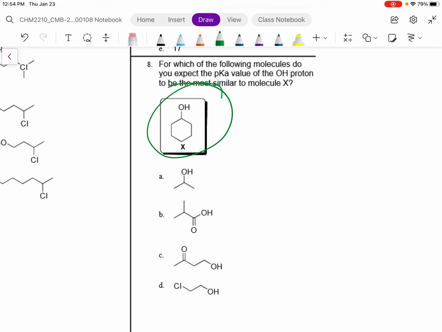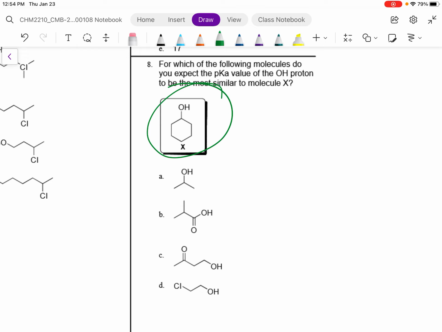So which one of those molecules would you look at to kind of get a rough estimate? Well, it makes logical sense. If your X is an alcohol, then find an alcohol on the table. All right, what do you have? Answer choice B, carboxylic acid. What's C? That's an alcohol. D's an alcohol. Okay, so now whittle it down.